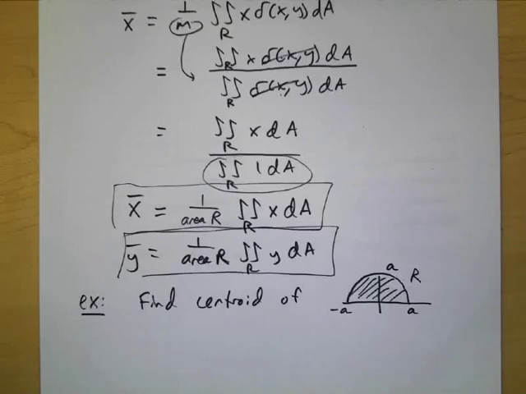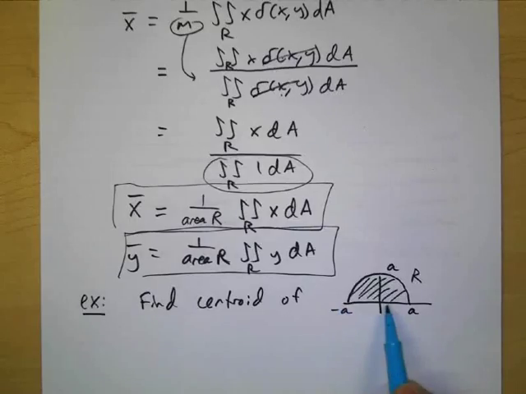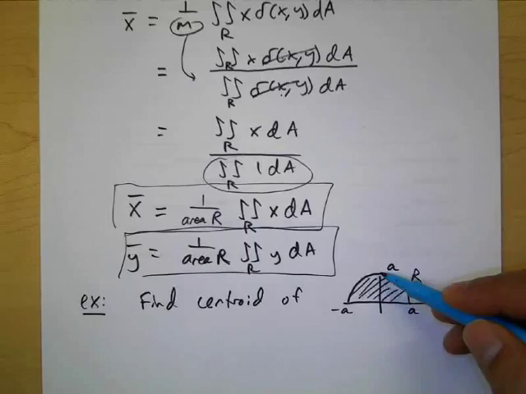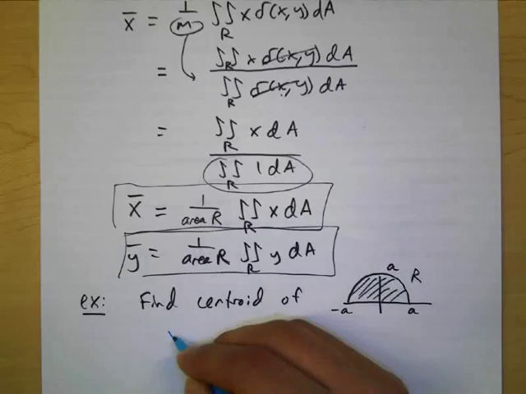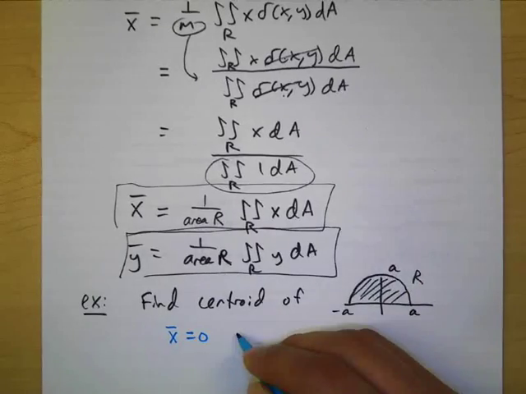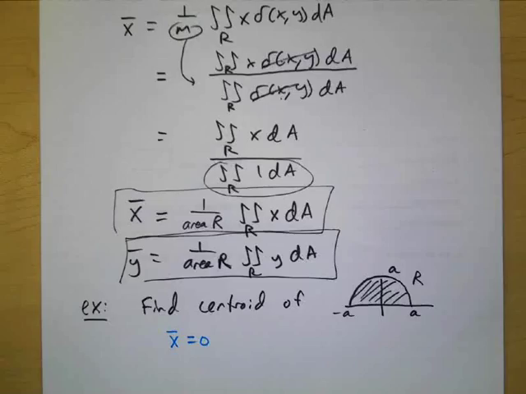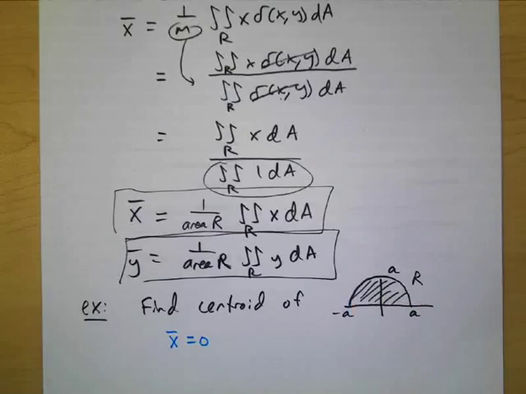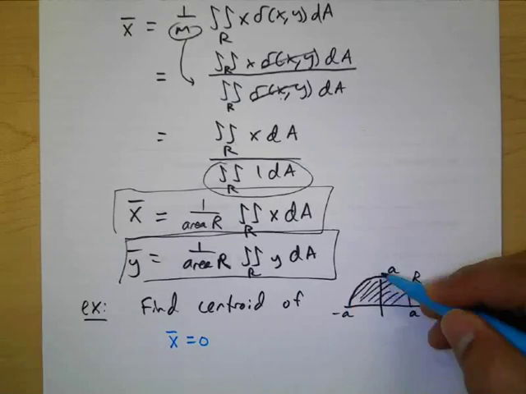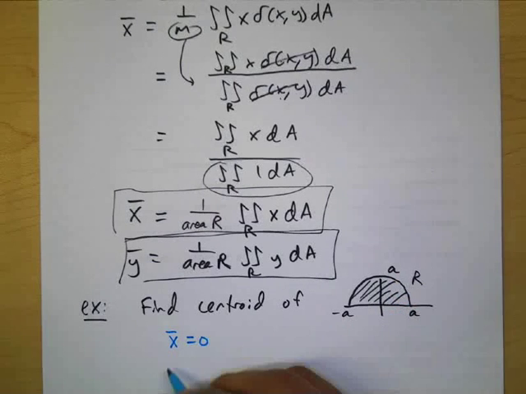The x-coordinate is 0. If x is 0, that means the centroid is on the y-axis, in the middle of the region. So this is obvious. You don't have to do any calculus to figure that out. The reason is because this is uniform density, so it's not going to be weighted on one side versus the other. It's going to be right in the middle. Now, where along the y-axis it's going to be is going to depend on the calculation.